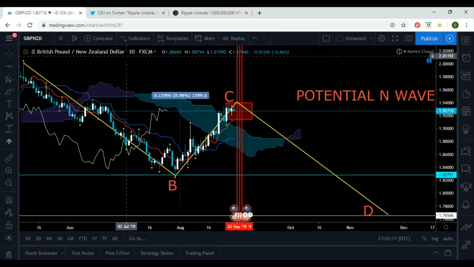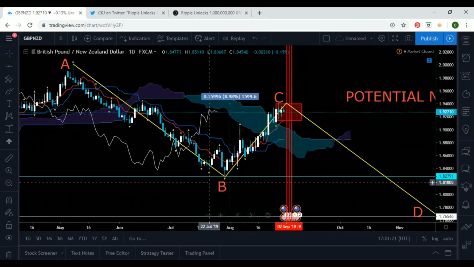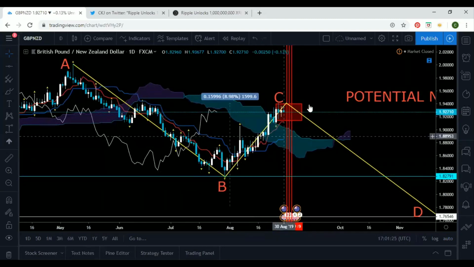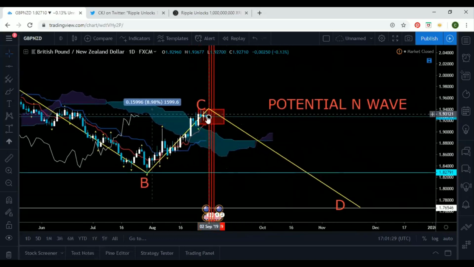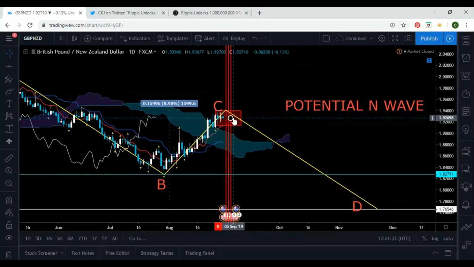We already made our AB leg for this movement, and we made our BC leg, so we have a potential N wave in the making if we could hold this level. So what I like to see is it consolidate in this box here, and between, let's see, let me zoom in a little bit more.